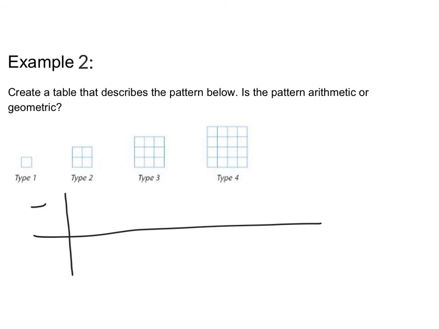Let's make the top column the type. It says type there underneath each step, right? So how many types do I have? 4. Beautiful. And then the next column, let's count the number of squares.